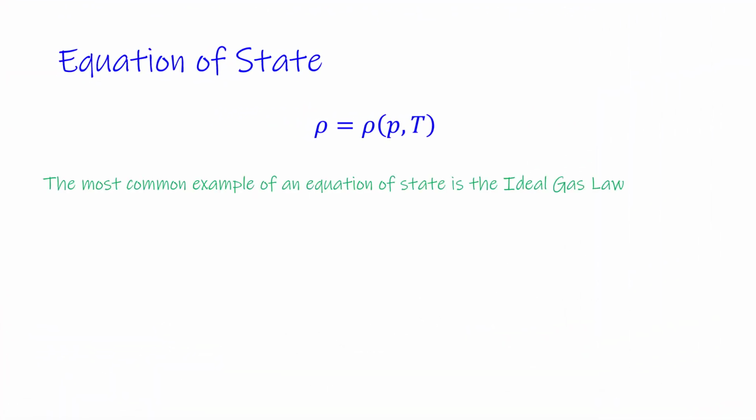The most common example is the ideal gas law, where the density is the ratio of P to RT, where P is the pressure, T is the temperature, and R is the gas constant specific to the fluid. The ideal gas law applies to most gases at standard condition, like air or carbon dioxide.